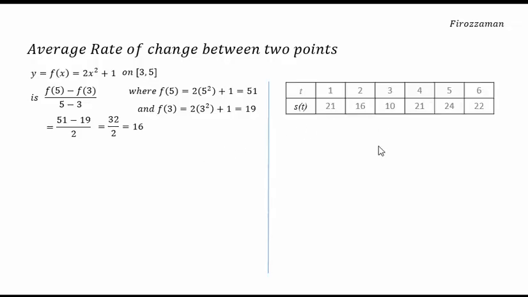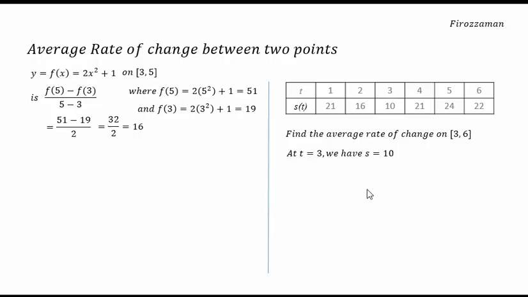Now, in a table, there's a different question. We are given a table with t values and S(t) values. We are asked to find the average rate of change on [3, 6]. So we clearly understand that I have to find S(6), which is 22, and S(3), which is 10.